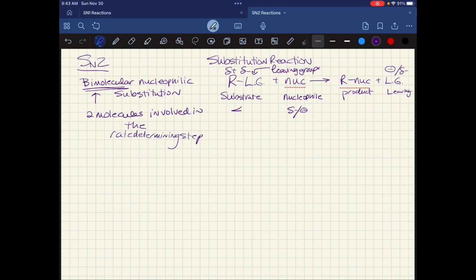And the two molecules are the substrate and the nucleophile. So it turns out that that means that this will be a single step mechanism.